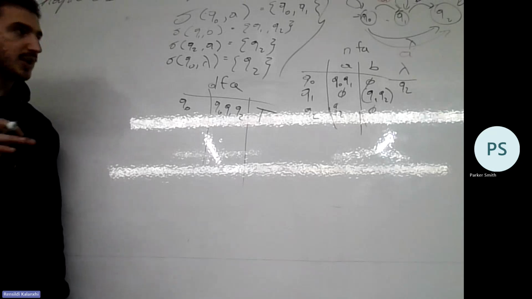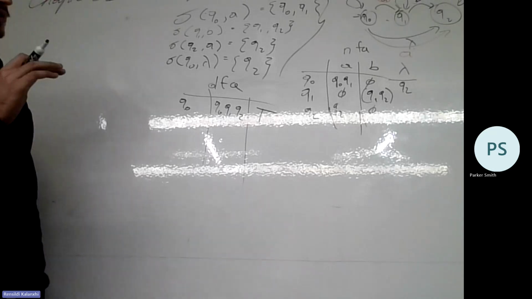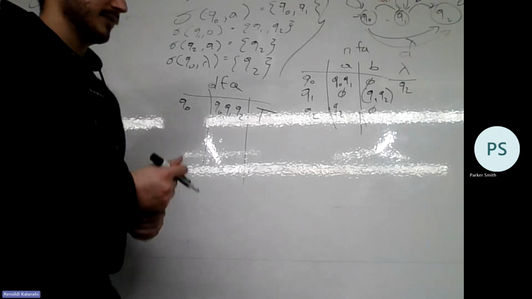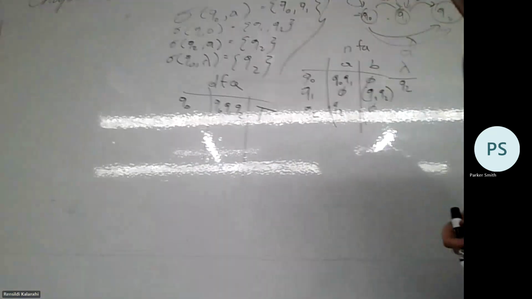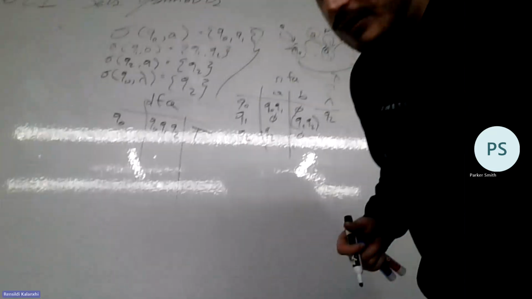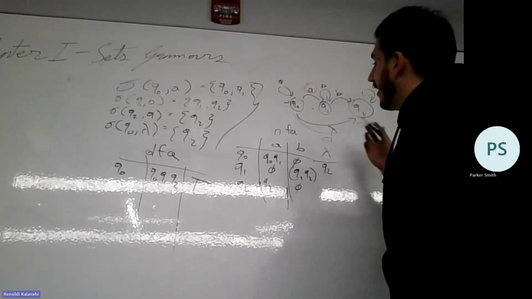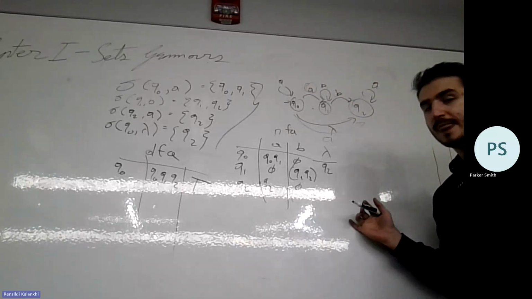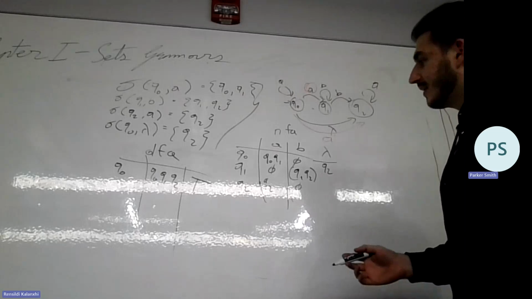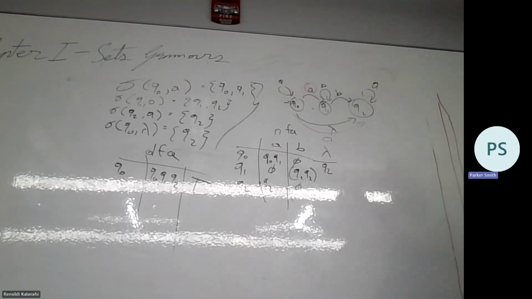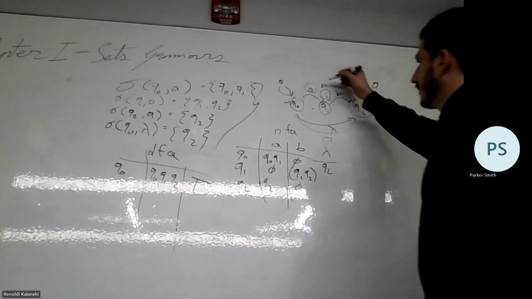We don't change the direction of them. What I'm trying to say is Q0 never has a B, right? But it has a lambda. So even if you have a B, it goes to Q2. That's just what he said in class.